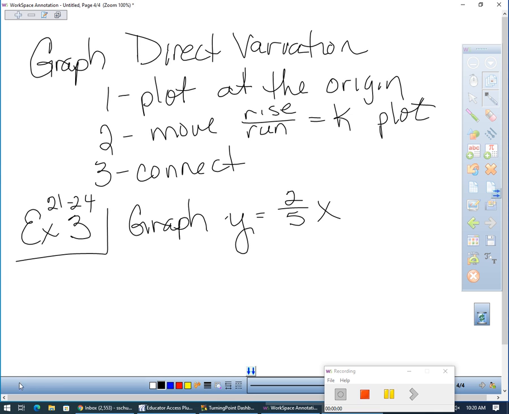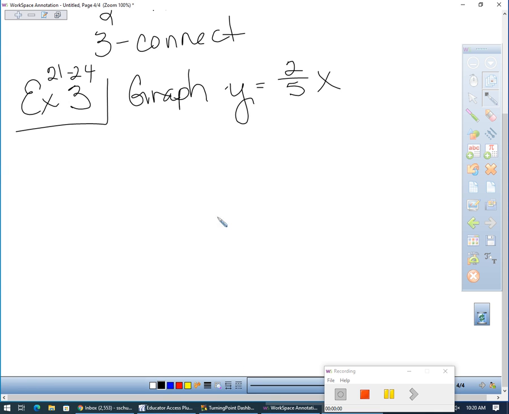That's a direct variation, right? First thing we do is we put a dot at the origin. It's right here in the middle. Then our K value is what? What's K? 2 over 5, right? This is our K value.